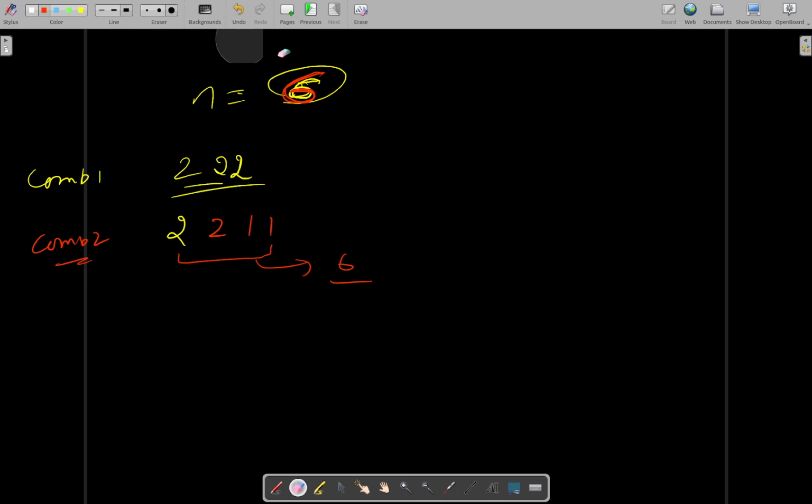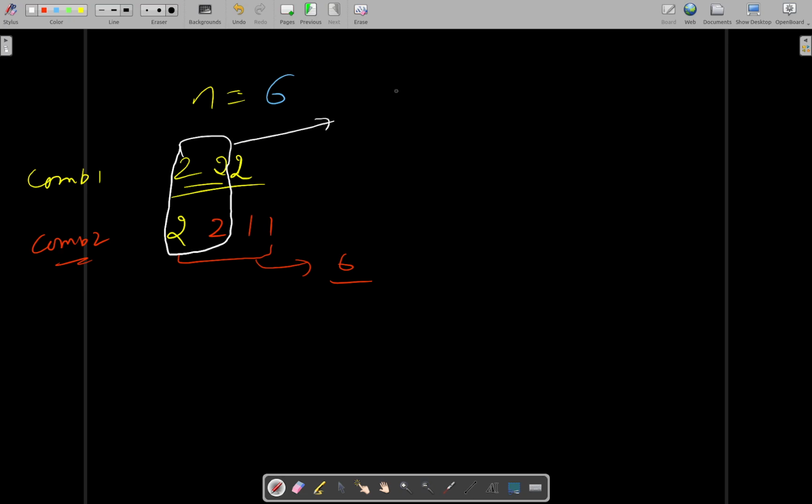Let me erase and rewrite. So this is 6, and as you can see we have these first two steps common in these two different combinations. So we have overlapping subproblems.